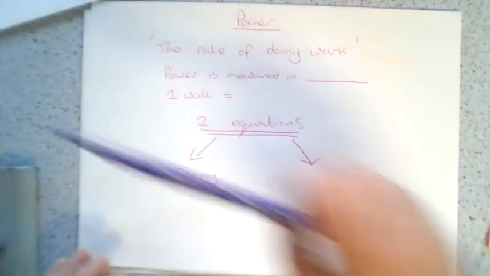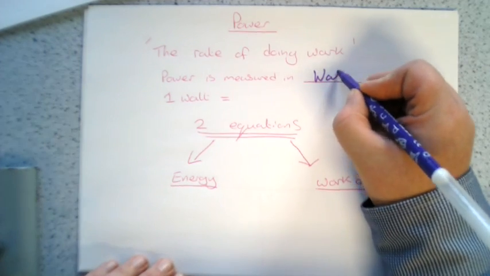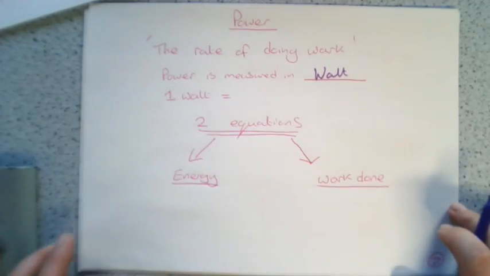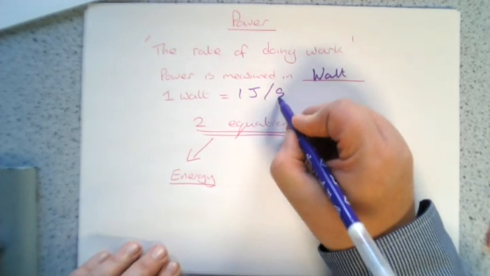Okay, so we've talked a little bit there and linked into power. So what is power? So the rate of doing work. Okay, now what is power measured in? Okay, well, it is the watt. Okay, so 1 watt means 1 joule of energy transferred per second.